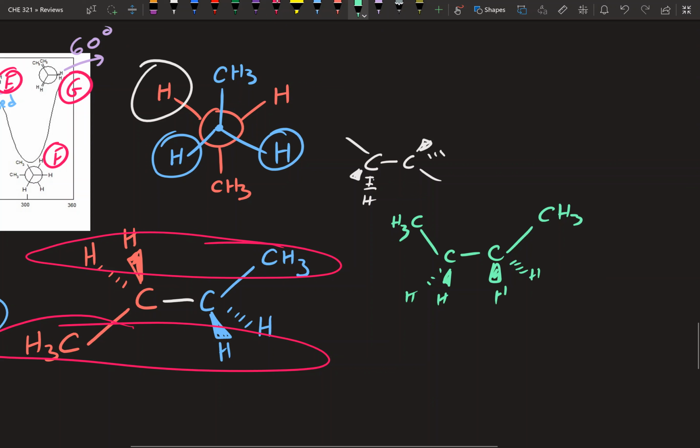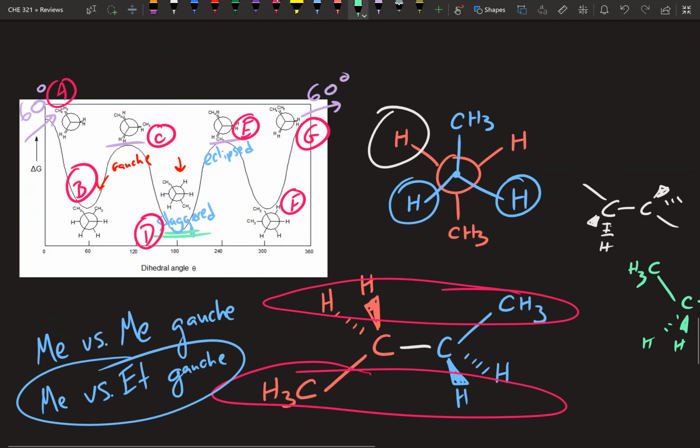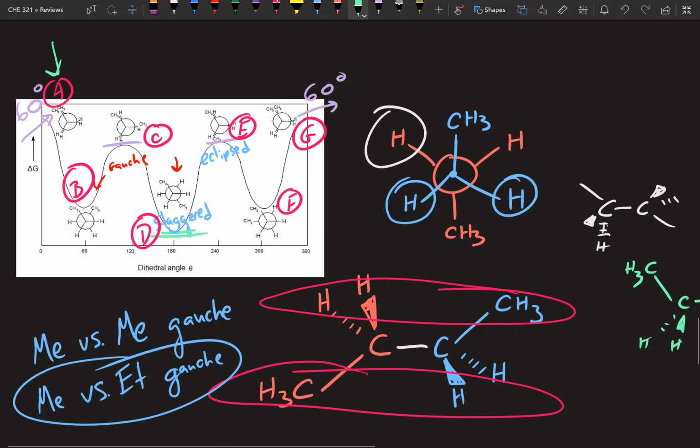I'm not going to draw that Newman, but you can pause and try it right now. You'd see that that's going to be an eclipsed conformation with two CH3 interactions, so that's going to be the most unstable form of this molecule, and so it'll be at the top, either choice A.